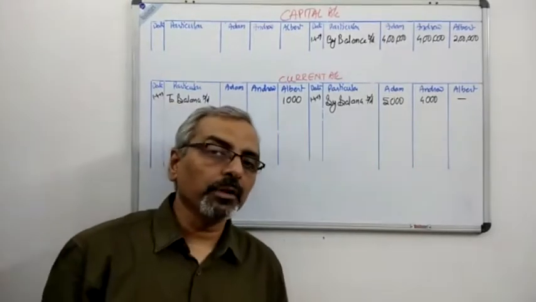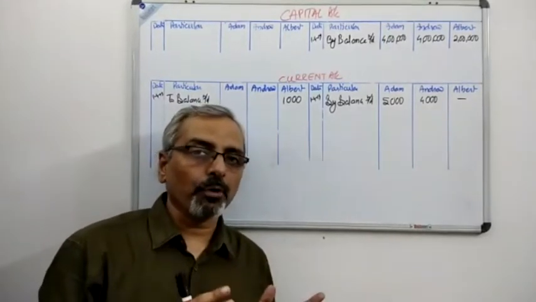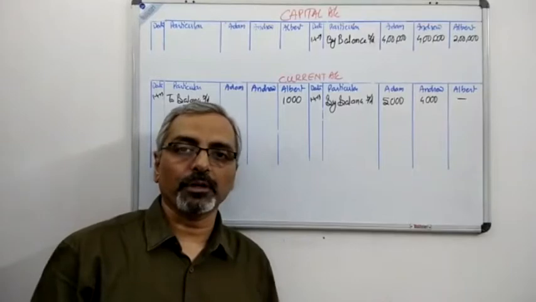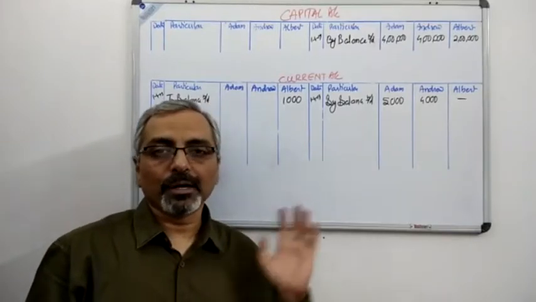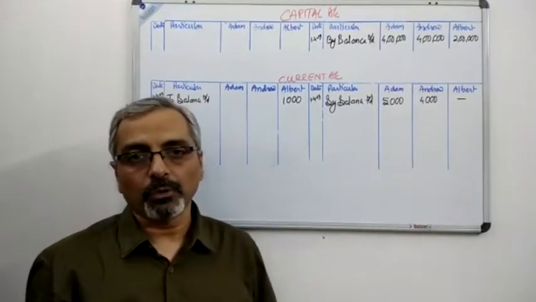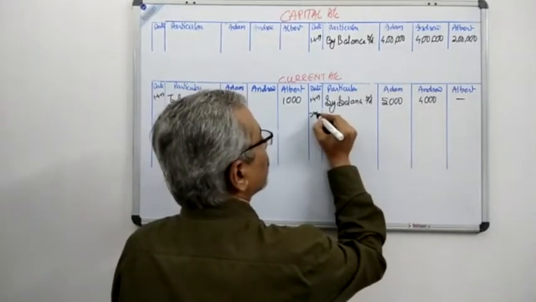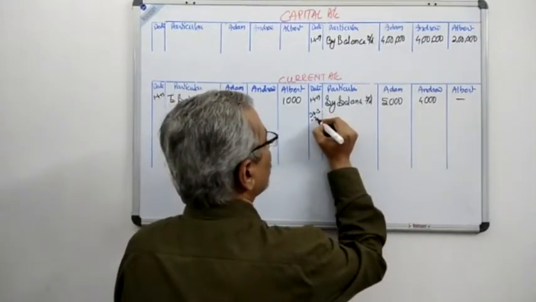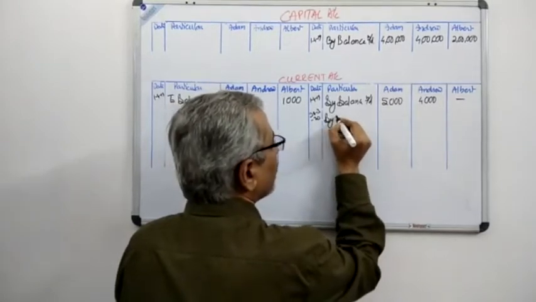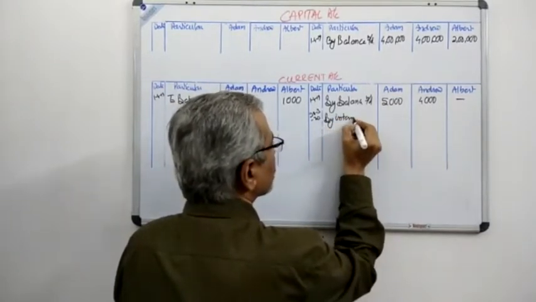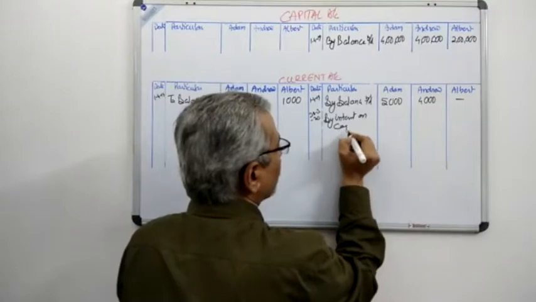After doing that, we'll now recollect whatever information we have in the profit and loss appropriation account, and complete the preparation of the current account. So the first entry for the date 31st of March 2020 will be by interest on capital.